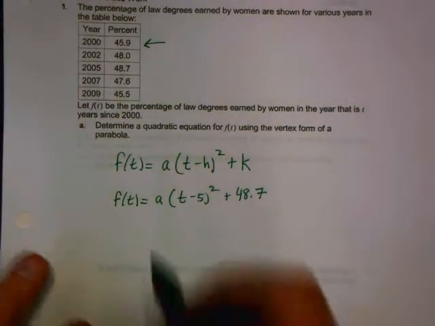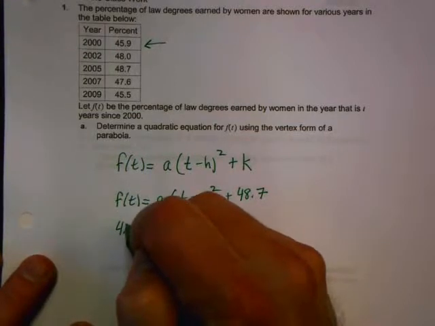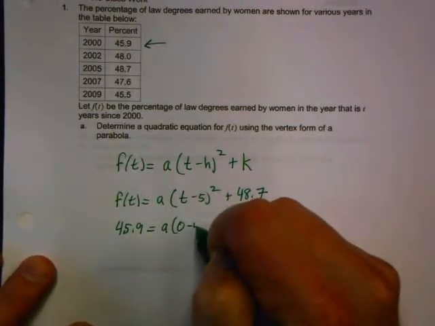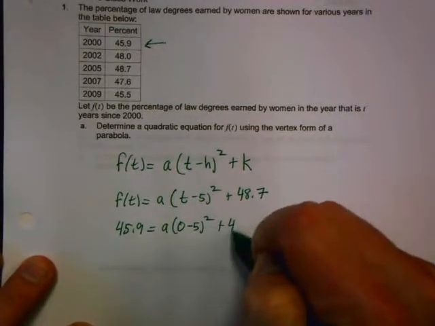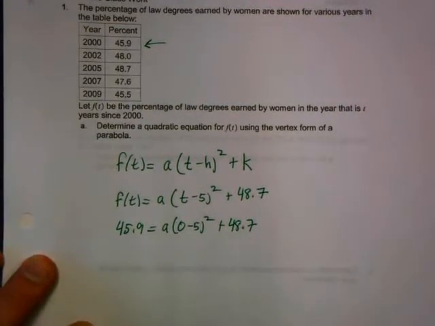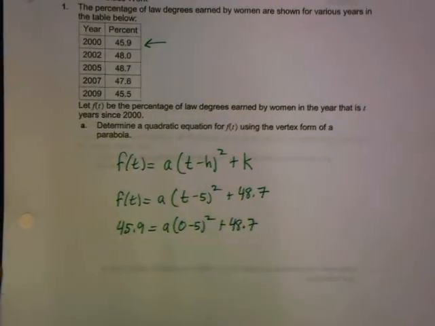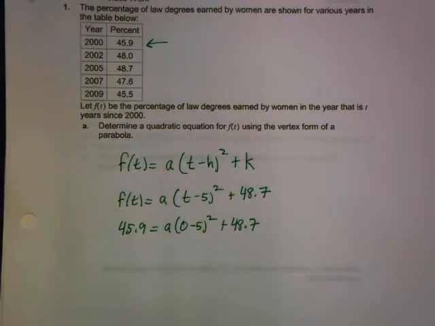All right, so I'm going to have 45.9 equals a times 0 minus 5 squared plus 48.7. How do we get the a all by itself? Subtract 48.7. All right, 45.9 minus 48.7.